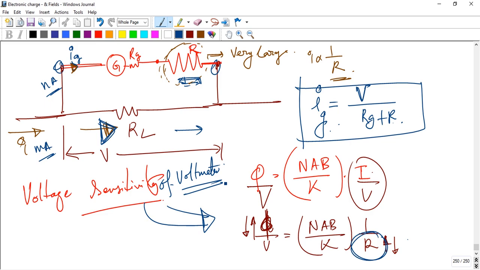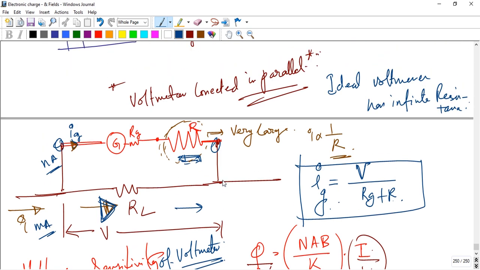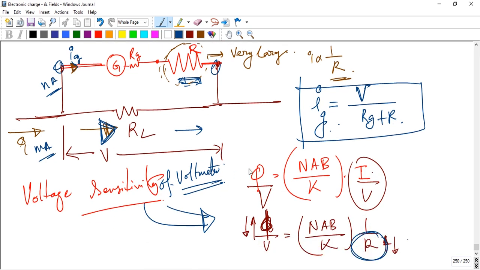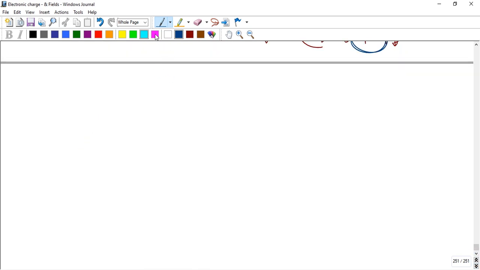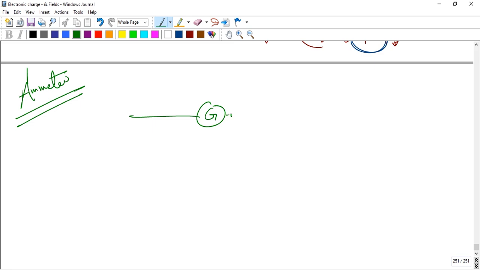Now, there's another important case, the current meter. How is the galvanometer used as a current meter, the ammeter? Suppose there is a galvanometer with some very small resistance Rg, and that is a current meter.